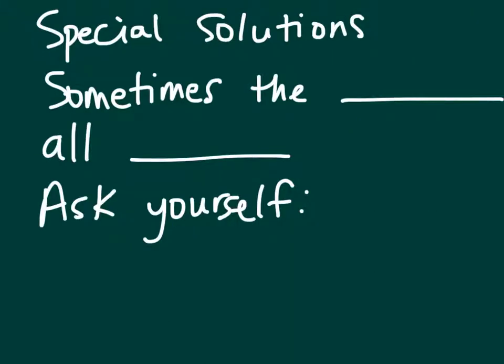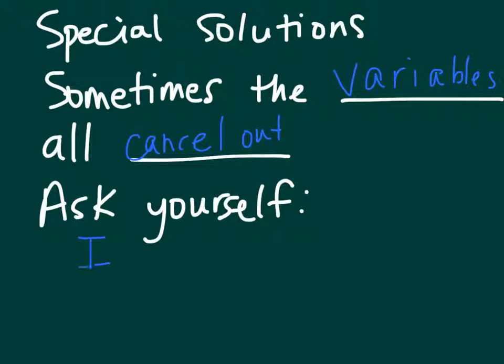Now sometimes we have special solutions, and just like in our equations, sometimes the variables all cancel out. And when they do, then we need to ask ourselves that same question that we ask ourselves in equations. Can you remember it? Is this true?